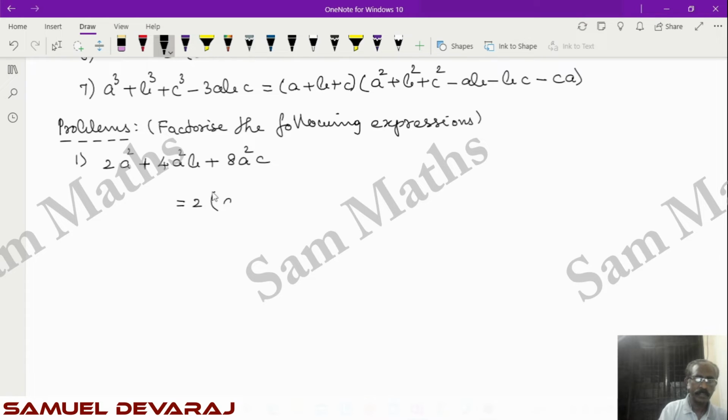The rest will be a² + 2a²b + 4a²c. Now in the bracket terms, what is common? a² is common. You take a² outside, it becomes 2a²(1 + 2b + 2c). This is the required factorization form.